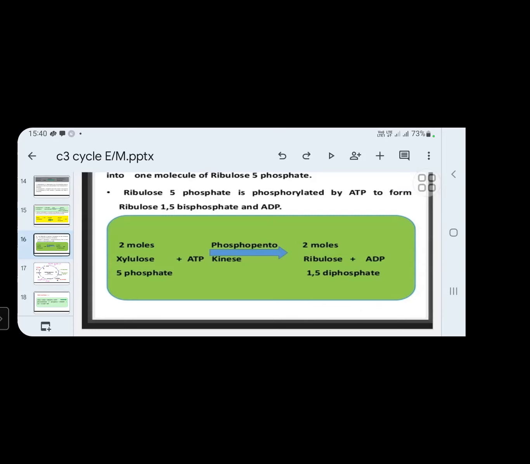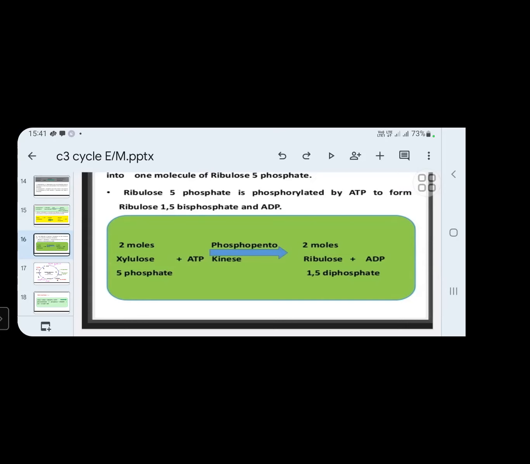So this is 2 moles, 5 plus 5, in the end product: ribulose 5-phosphate, and ribulose 1,5 bisphosphate is also formed. So RuBP is regenerated in the last reaction of the RuBP regeneration step.